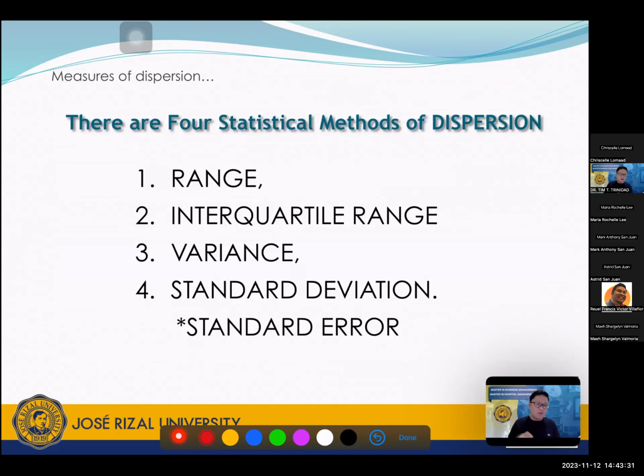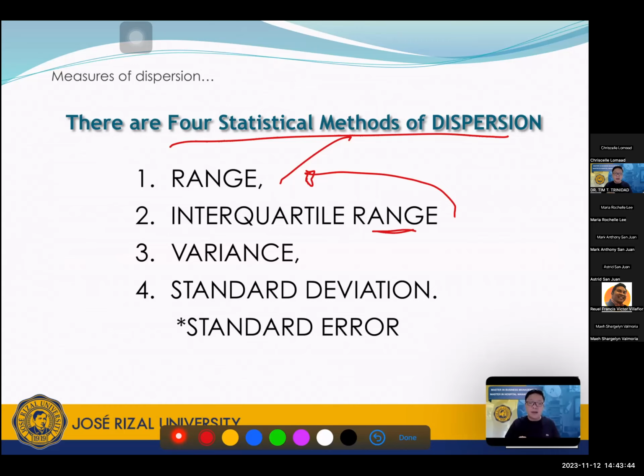So there are four statistical methods of dispersion. We have the range, along with the interquartile range. I will explain later why we include the interquartile range. It was discussed in your graphical presentation, right? We also have the variance and the standard deviation.